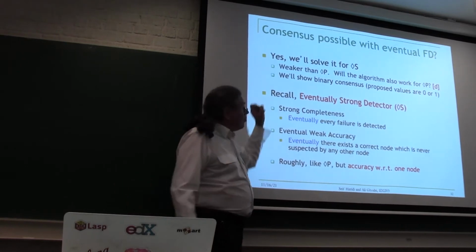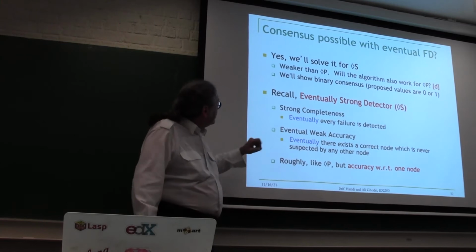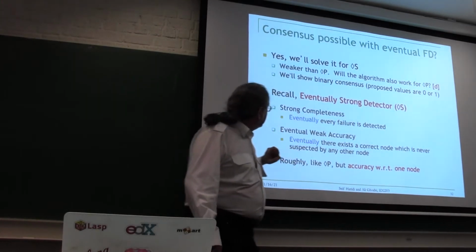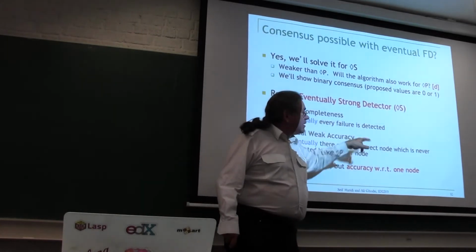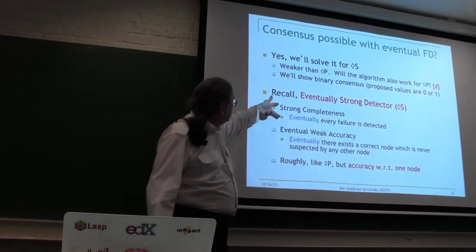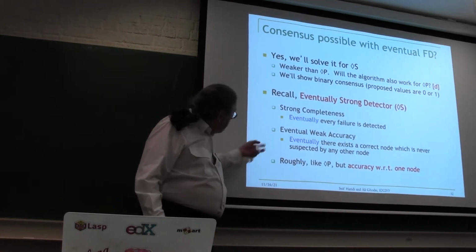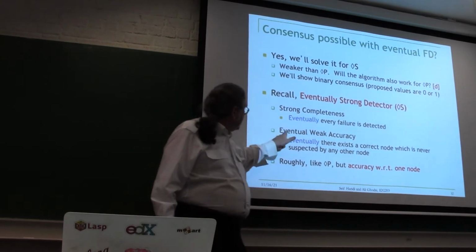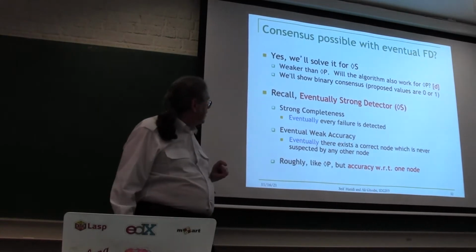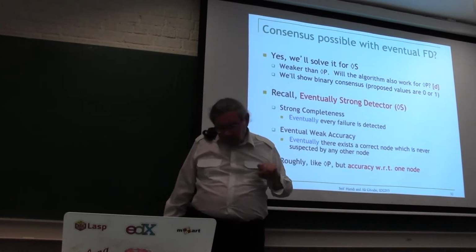Let me recall to you what eventually S means. Eventually strong. It's strongly complete. Eventually every failure is detected. That's the same as eventually P. It will detect every failure after some time. But the accuracy is different. It's eventual weak accuracy. So eventually there's a correct node which is never suspected.